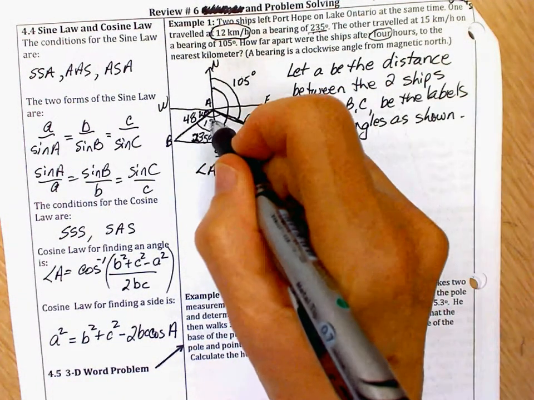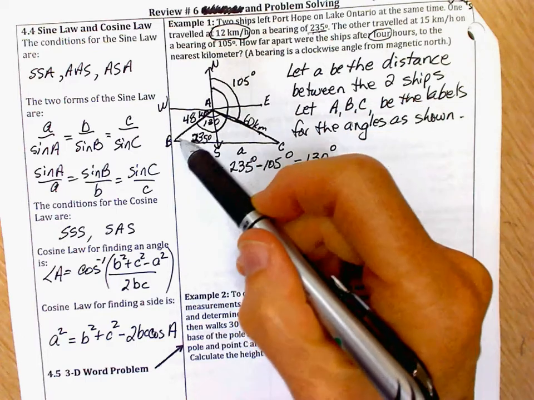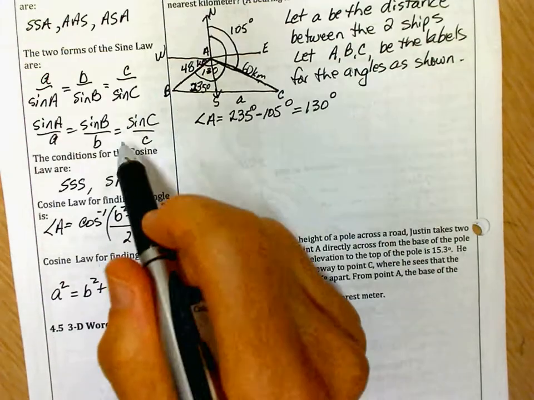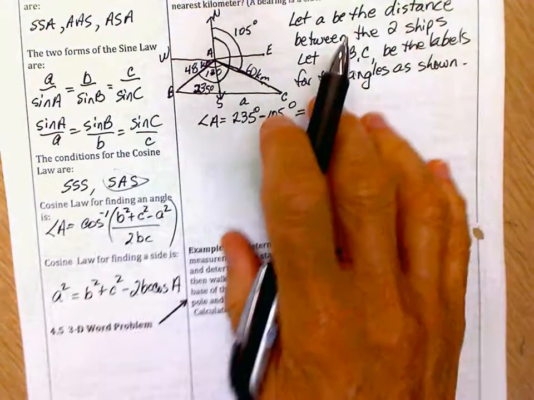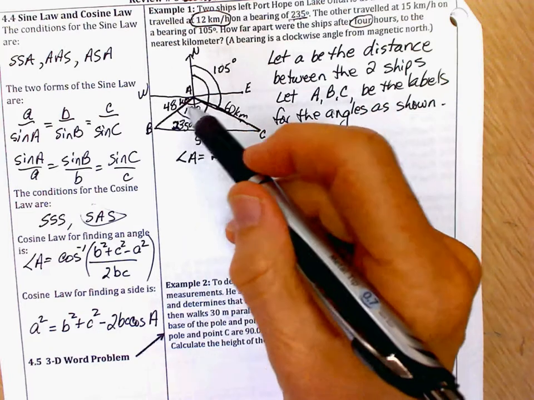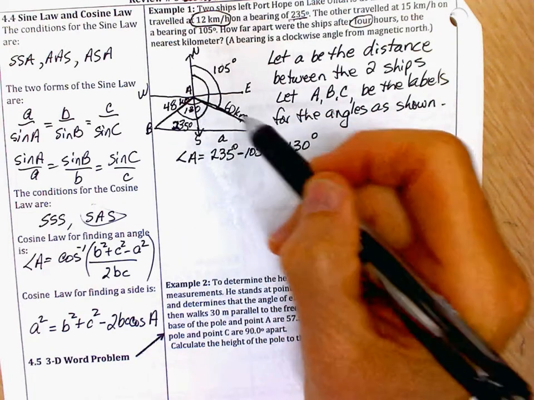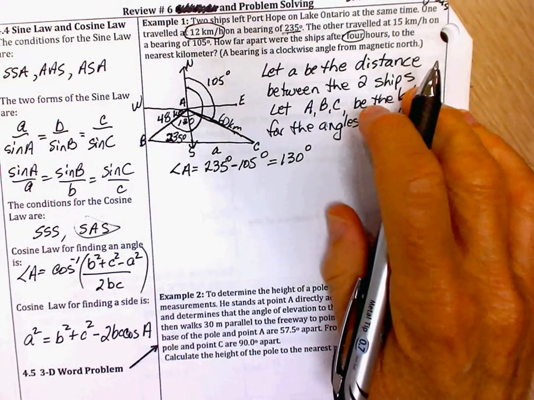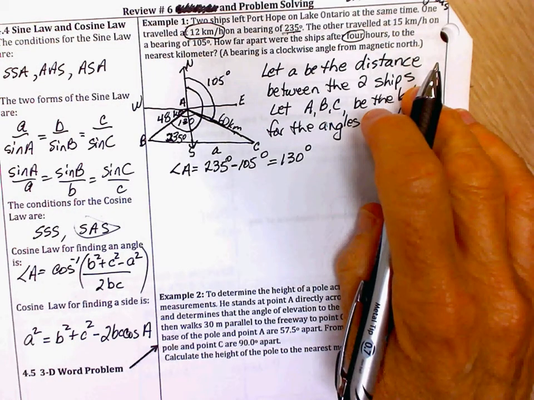So notice we have side, angle, side, and that's the condition for the cosine law. So side is 48, this angle is 130, side 60. Side, angle, side, we can use the cosine law to find the distance between the two ships. So we will set it up into this.